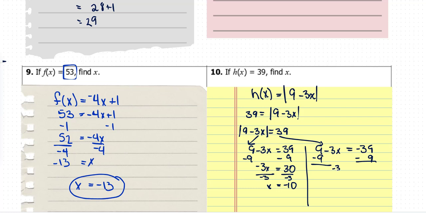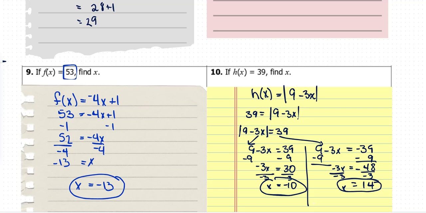And so we have negative 3x is equal to a negative 48. And when I divide both sides by negative 3 this time, x is equal to 14. So those are my two solutions.